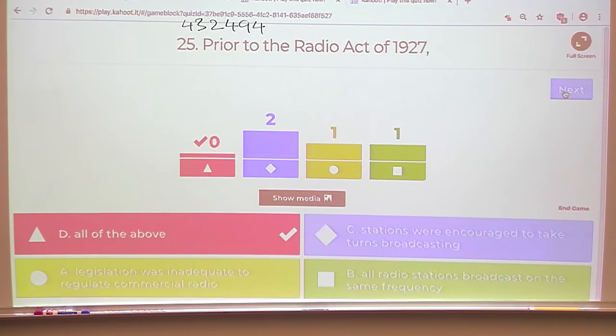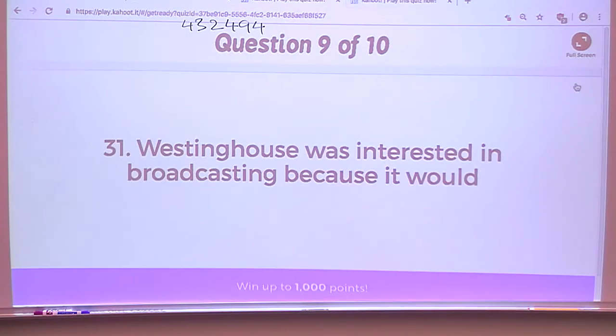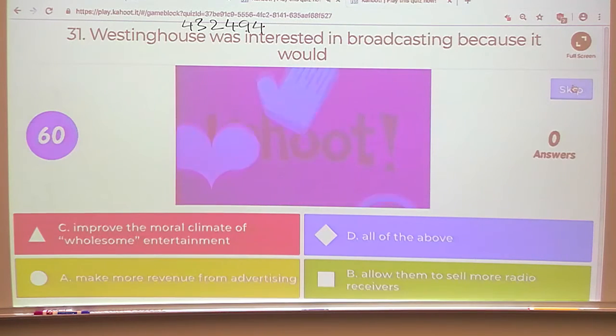So at that point, with the Radio Act of 1927, they created frequencies that different stations could broadcast on. The licensing arrangements happened, so you had to get a license in order to use a particular frequency. So it cleaned up the business and made it possible for commercial enterprise to work.